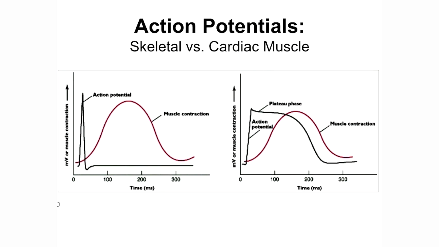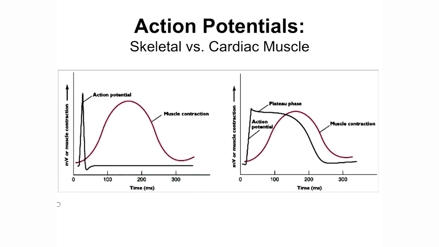And because we can so rapidly stimulate a skeletal muscle, skeletal muscles don't have enough time in between the signals telling them to contract to actually relax. And this allows skeletal muscles to have a sustained contraction, to hold that contraction for a period of time.